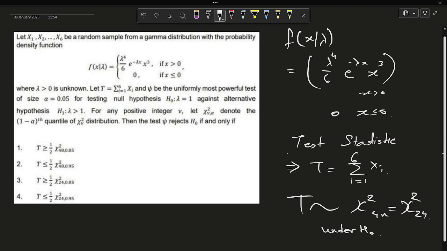The significance level is alpha equals 0.05, and we reject H0 if T falls in the rejection region.